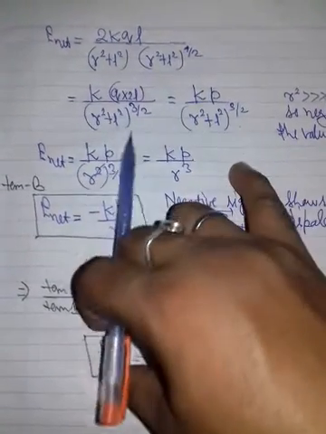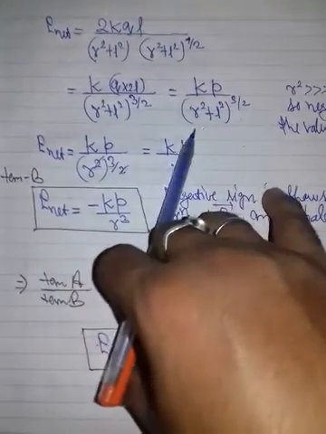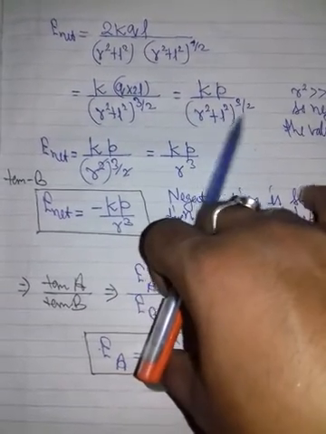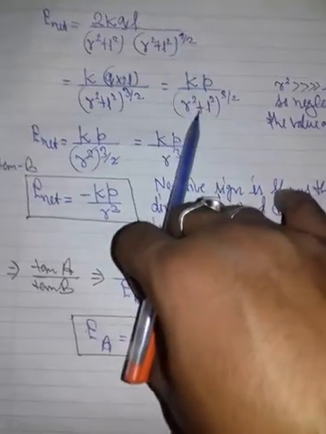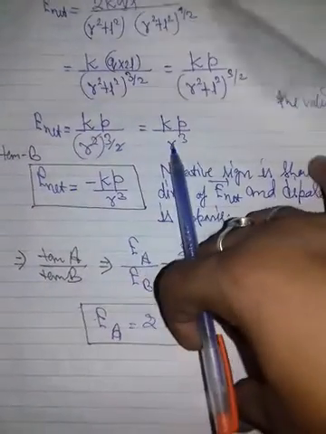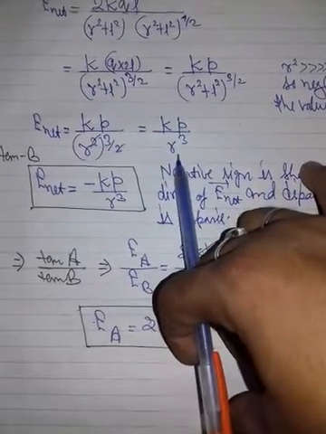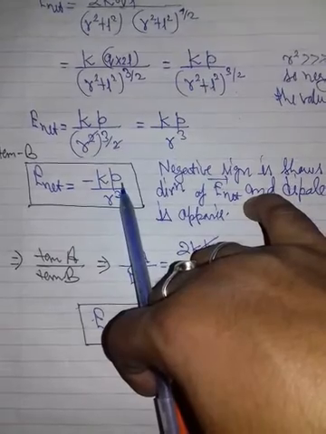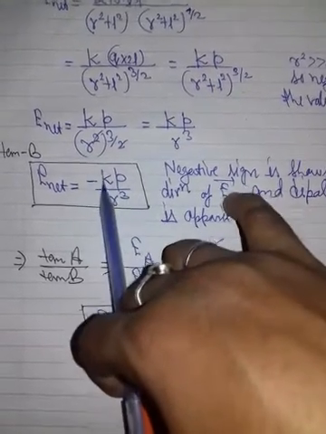By solving this we get kp upon (r square plus l square) to the power 3 by 2, and we neglect the l value. We get kp upon r cube, where p is the electric dipole moment, and the sign is negative.